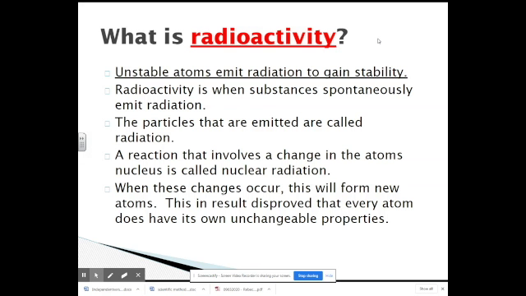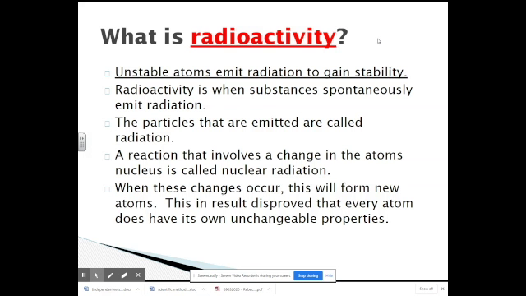So what is radioactivity? You do need to know and underline that word, and the definition for that is unstable atoms that emit radiation to gain stability. Radioactivity is when substances spontaneously emit radiation. The particles that are emitted are called radiation. A reaction that involves a change in the atom's nucleus is called nuclear radiation.